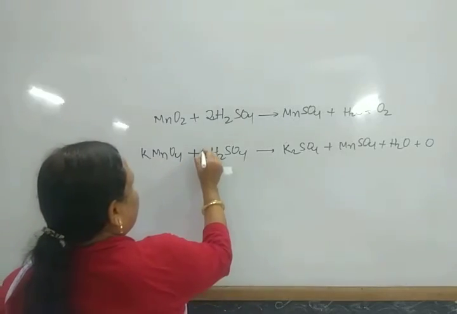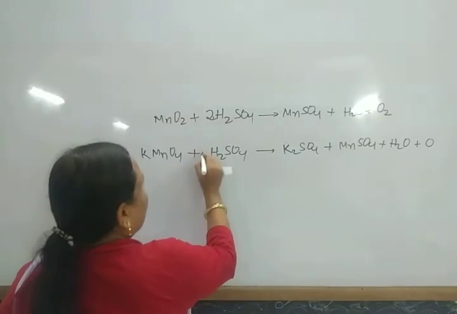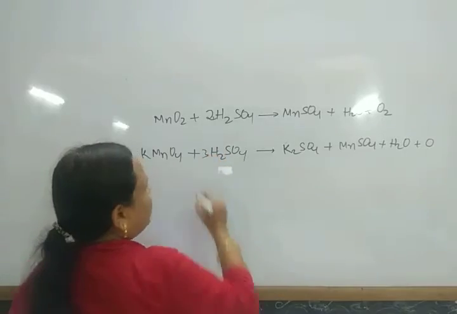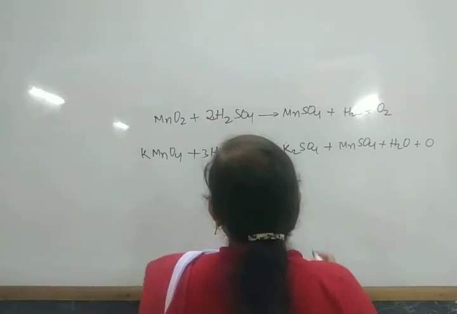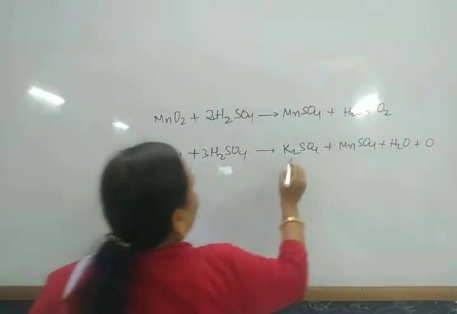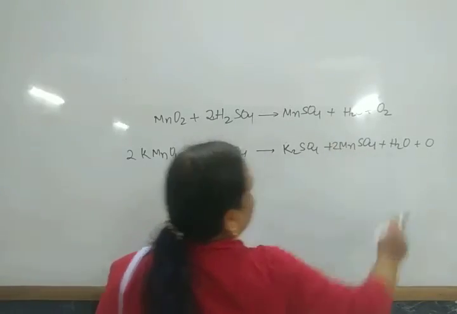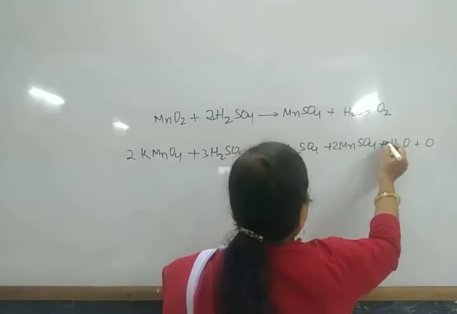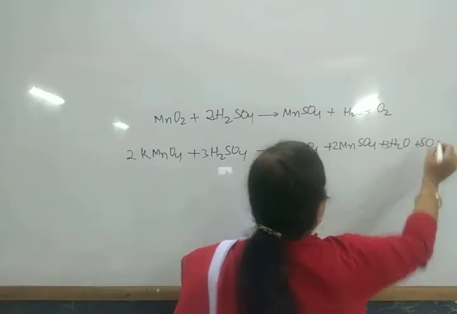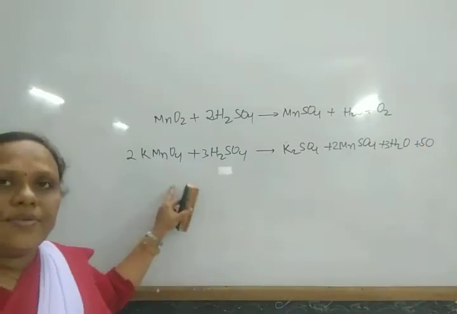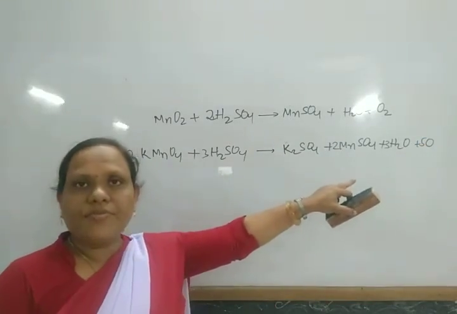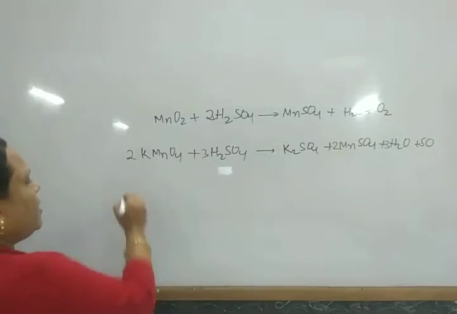So 2KMnO4 plus 3H2SO4 give rise to K2SO4, 2MnSO4, plus 3H2O plus 5O.